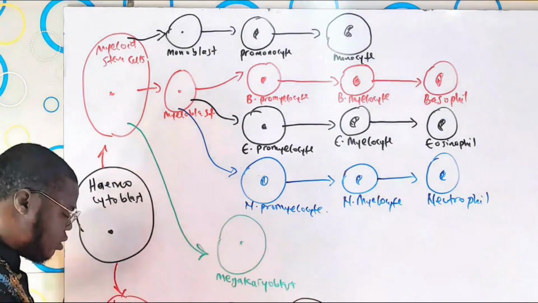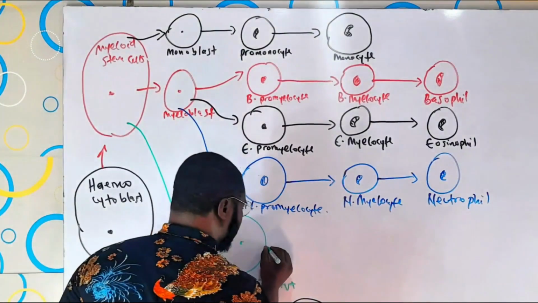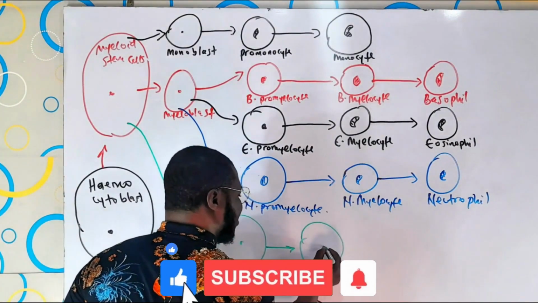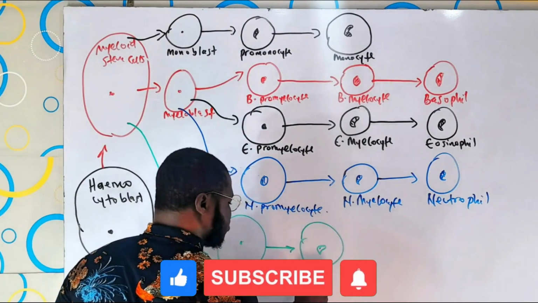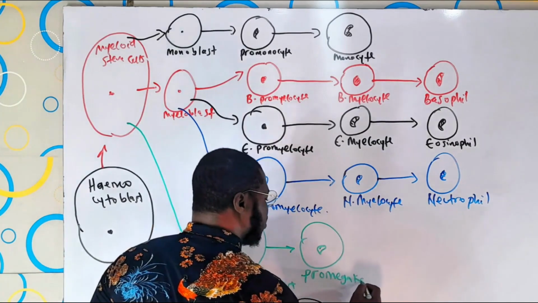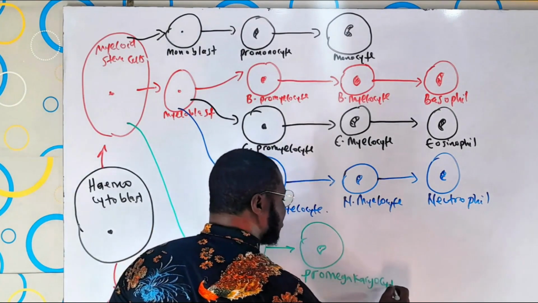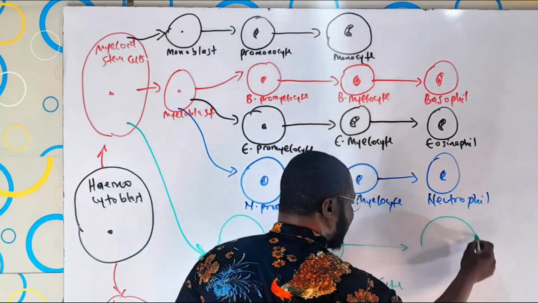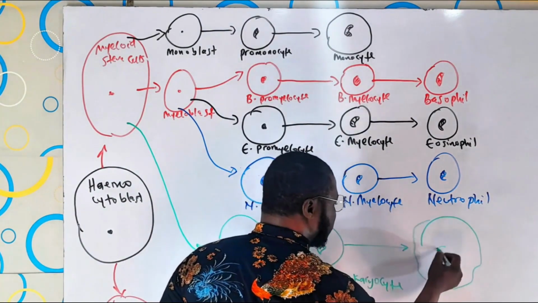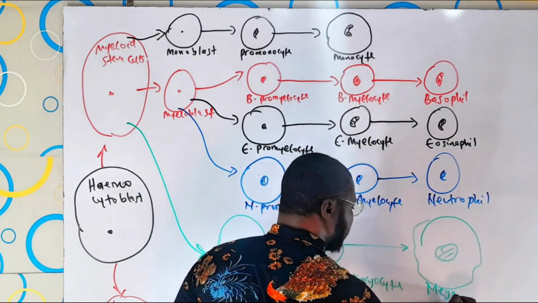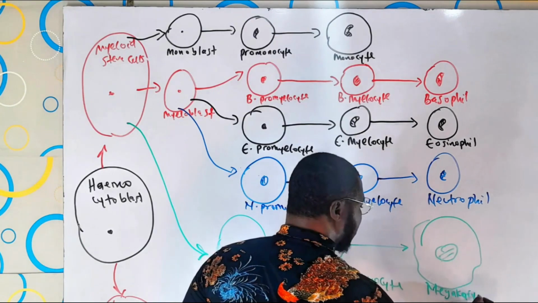And from there, it's going to transform to become the pro-megakaryocyte. And finally, it's going to become the megakaryocyte itself, a very large cell.